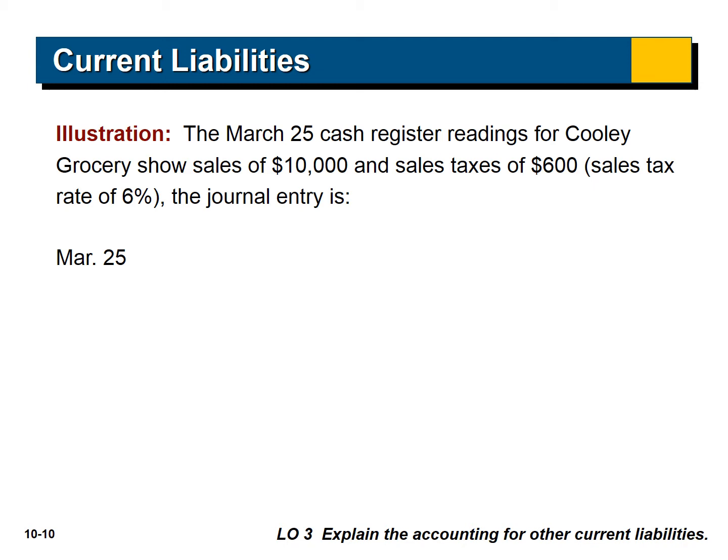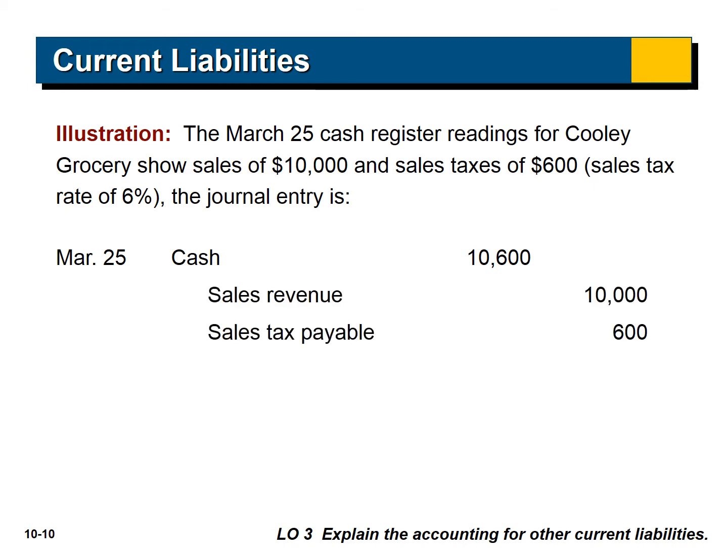How do they record that? Remember, they're collecting the cash, including sales tax, but only $10,000 of that is revenue. The rest you owe Uncle Sam. Now that's not always paid right away, so you have to say sales taxes payable.